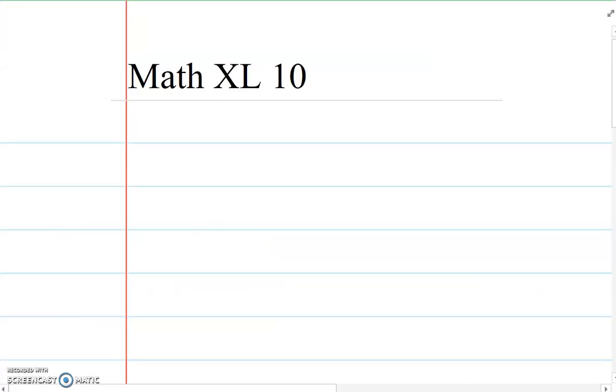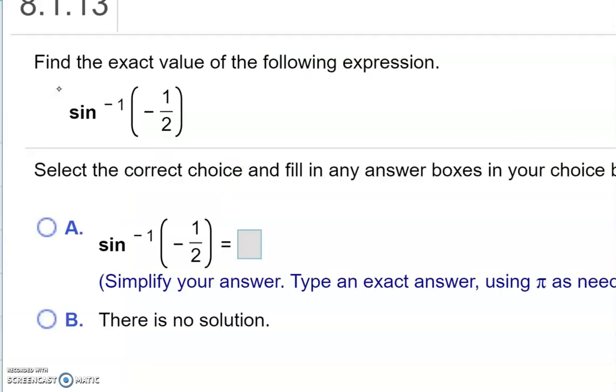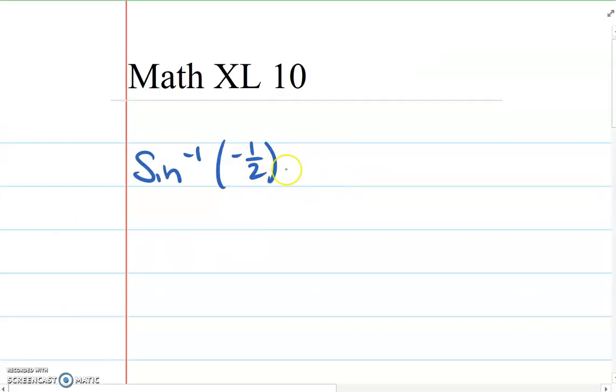So if I see a problem like this that says sine inverse of negative 1/2, let me double check that. Yeah, negative 1/2. I'm asking myself, where in the unit circle does the sine expression come out equal to negative 1/2?